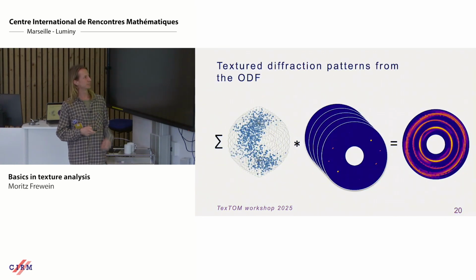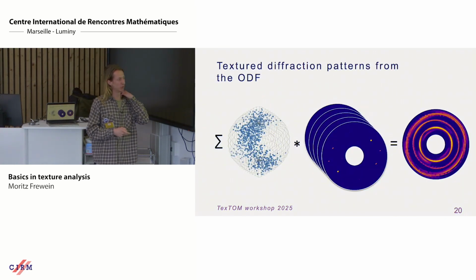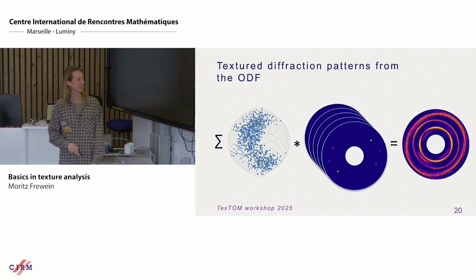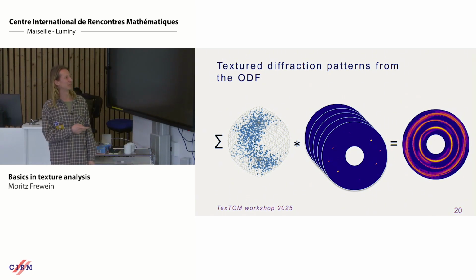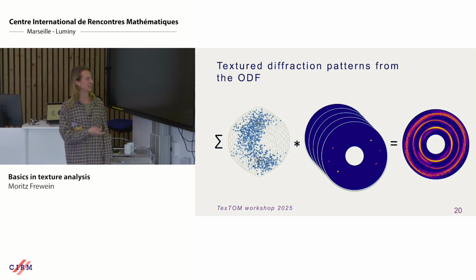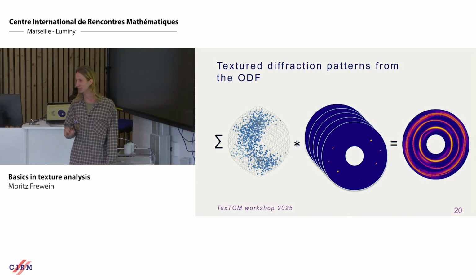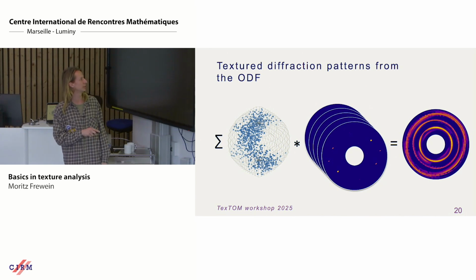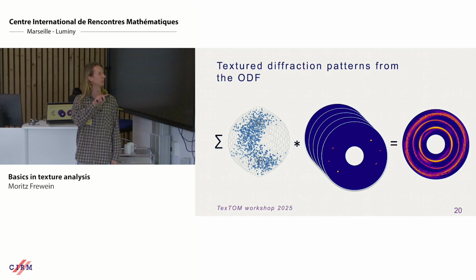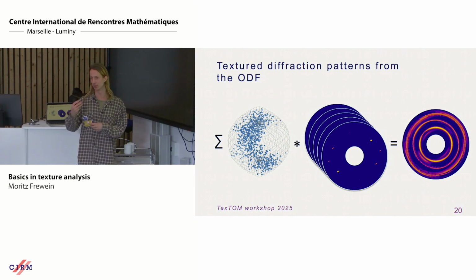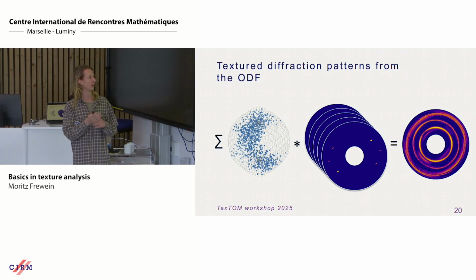So to model a diffraction pattern with a texture, we have actually all the ingredients already that we talked about. Let's assume we have a certain orientation distribution function, where every point here corresponds to an orientation of a crystal.